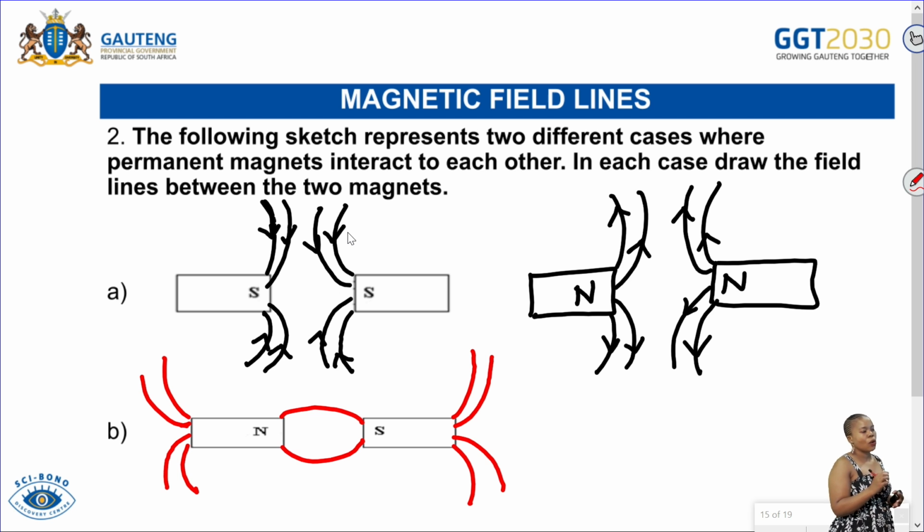Okay, now in between the two poles, there is movement of the field lines. So the direction of the magnetic field lines is therefore from north to south, like that. And then on the south part, they are getting in, or they're moving inward, they're showing the inward direction.